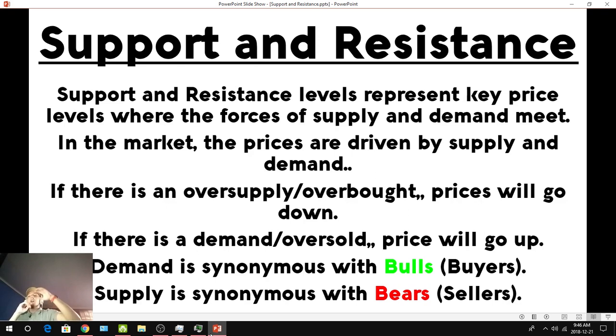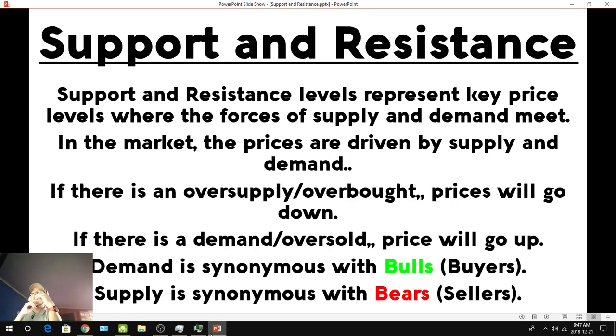Let's take an example from commodities, sugar. If there's an oversupply and the demand doesn't meet it, there's no demand, then prices will go down because there's so much sugar but so few people want it. The only way they're going to sell the sugar is to sell it cheap, and that means it's going to go bearish.